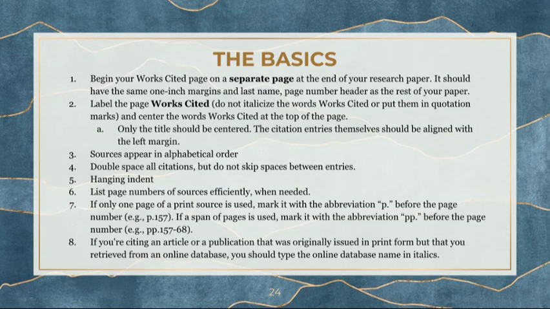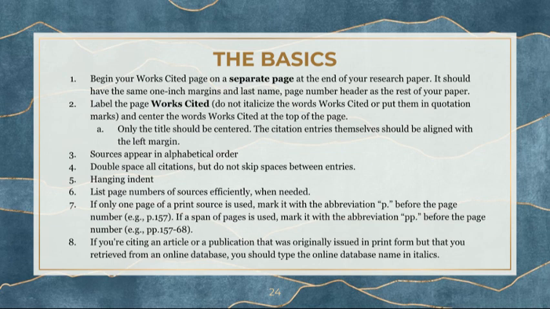Then, following this, you will want to make sure that you have the page numbers of your sources when needed. If you're only using one page of a printed source, you will only give the abbreviation with one p. However, if you have multiple pages, that is when you will be using the double p abbreviation.